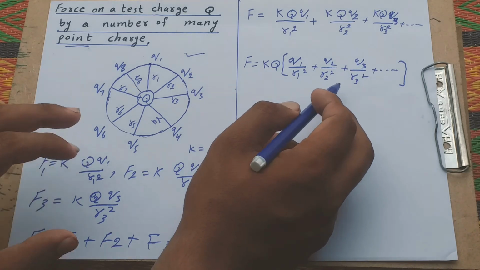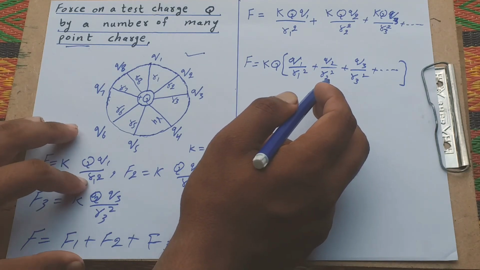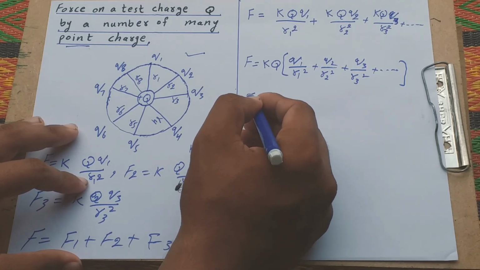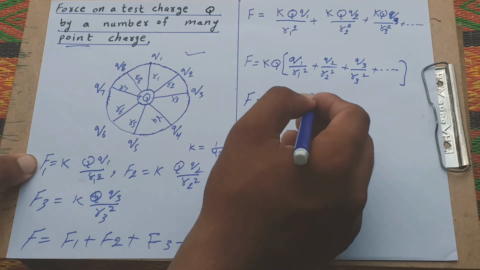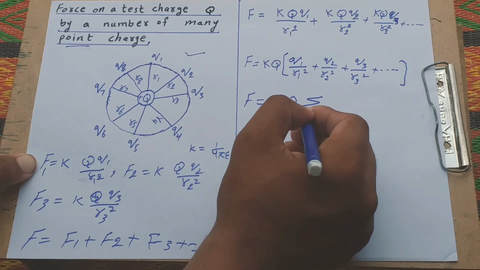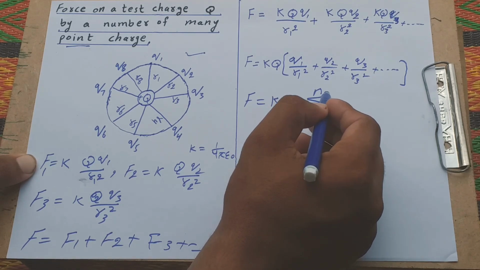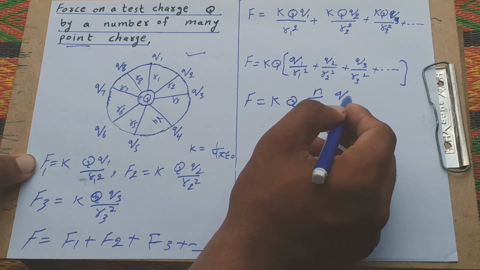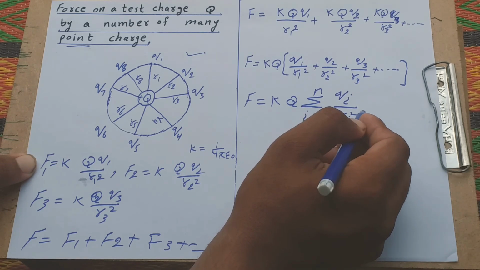We can add these values in three ways. First, we simply add all these values. Second, we add the values in integral form. Third, we add these values in sigma form, and here we add in sigma form. F is equal to kQ times the sum from i equals 1 to n, where n is the total number of terms, of qi over ri squared.